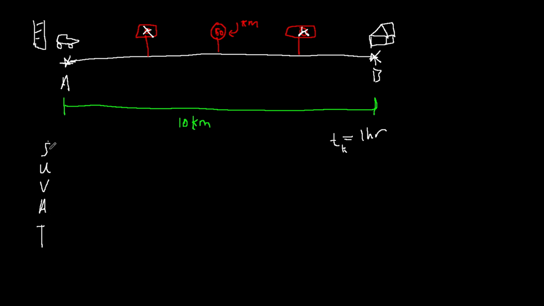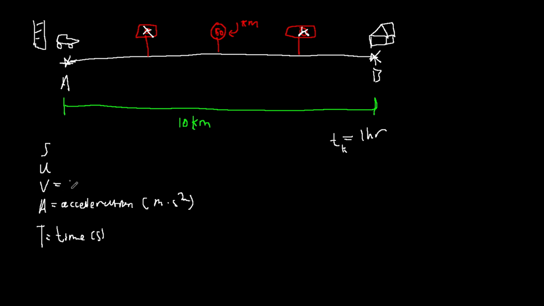Now remember, we have several factors, and this is where I'm going to introduce something known as SUVAT. SUVAT basically stands for: S is displacement or distance, U is the initial velocity, V is the final velocity, A is acceleration, and T is time. Time is in seconds, obviously. Acceleration is in meters per second squared.